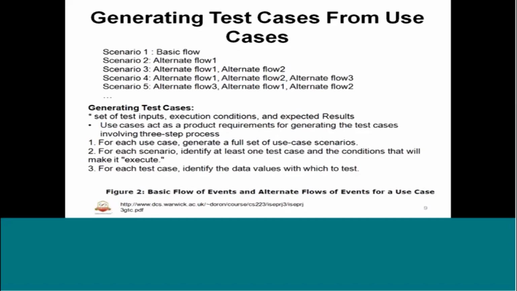You can see there are different scenarios, and scenario 1 could be a basic flow, scenario 2 could be the alternate flow, and scenario 3 could be alternate flow 1, alternate flow 2, scenario 4 could be alternate flow 1, 2, 3.